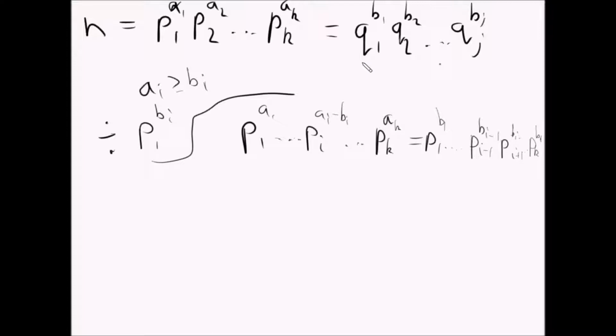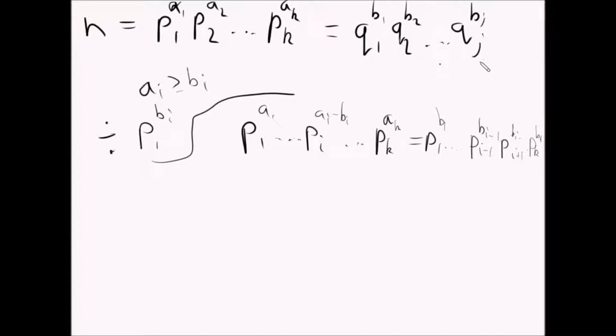The first thing to note is that any p factor must be a divisor of this product of q's, and that's true for every p factor, and therefore it must also be true that every q divides this product of p factors, in such a way that these have to be in one-to-one correspondence with each other.